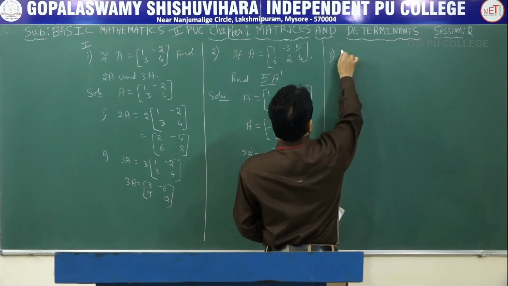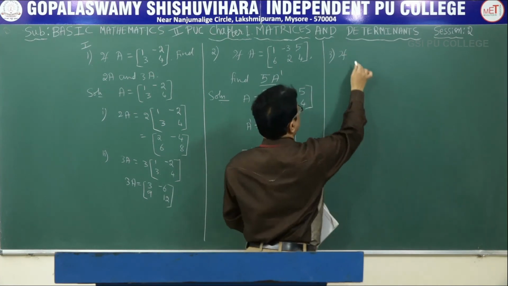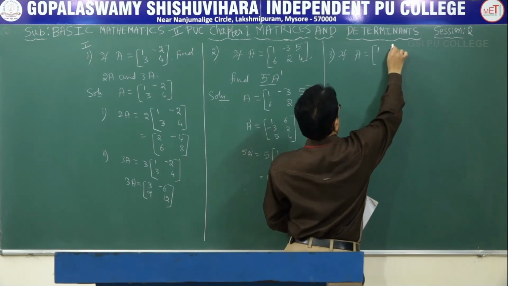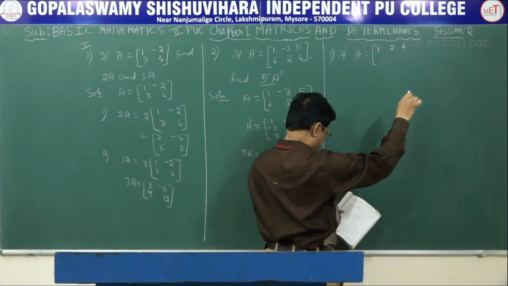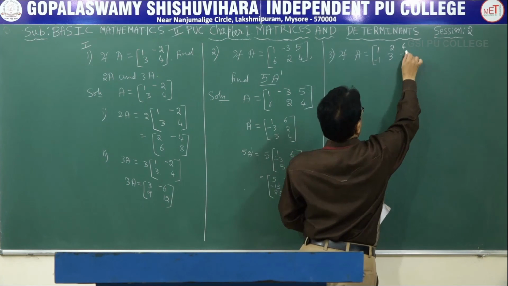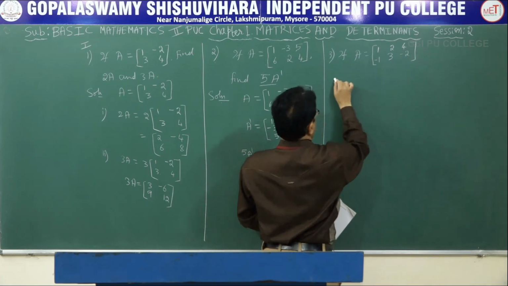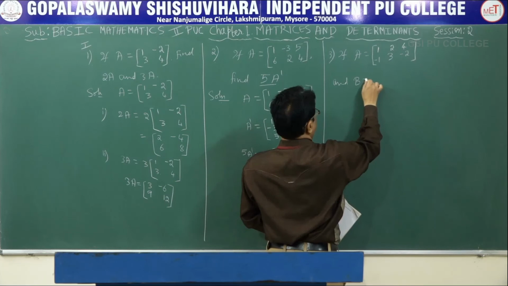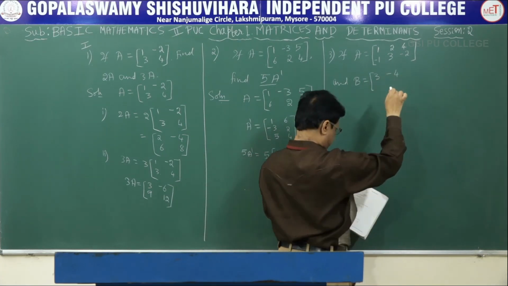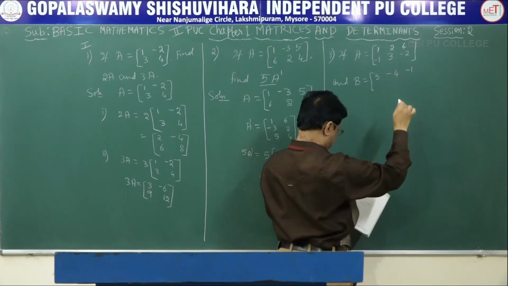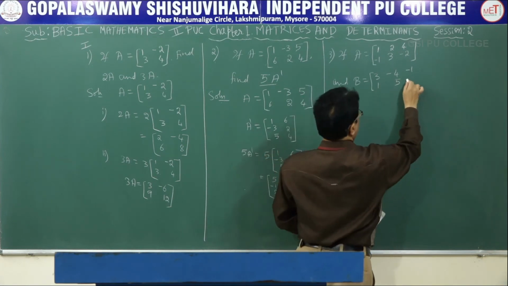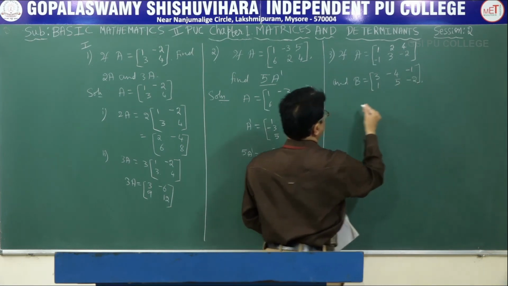Next problem, if A equals 1, 2, 4, minus 1, 3, minus 2, and B equals 3, minus 4, minus 1, 1, 5, minus 2.